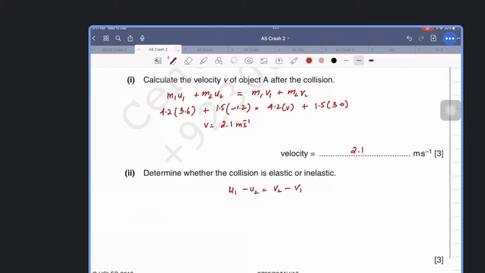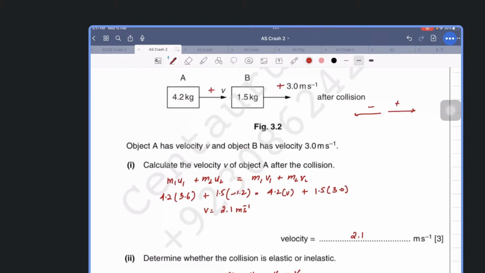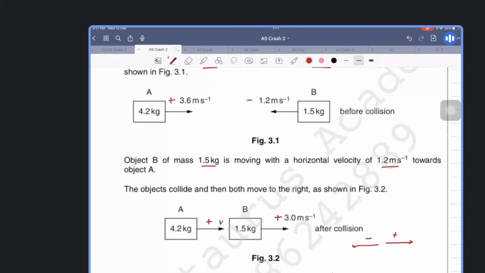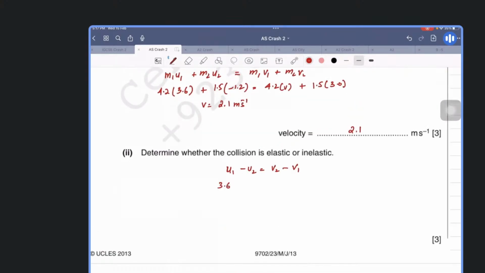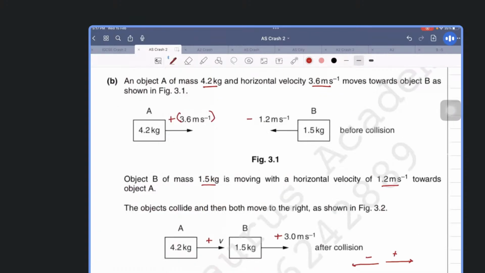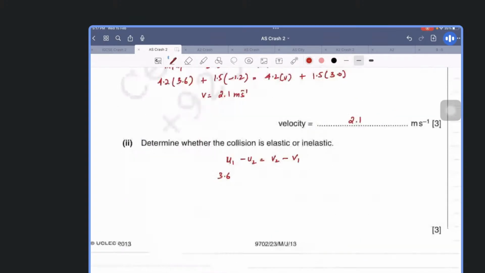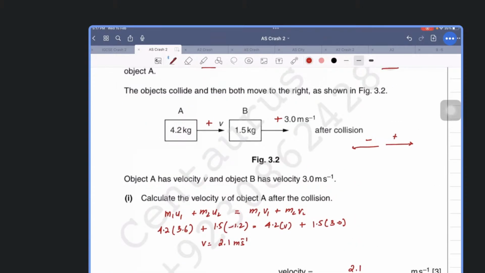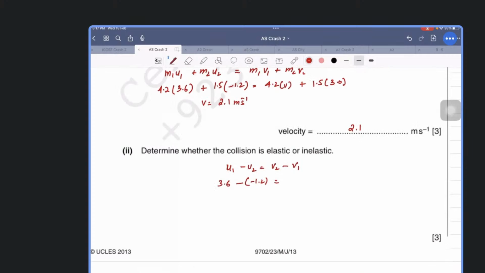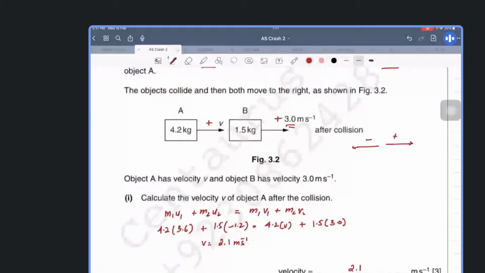Okay, now for that, initially it was going 3.6, and the first one initial velocity was minus 1.2, so minus 1.2 equals to, afterwards it was 3 minus 1.2.